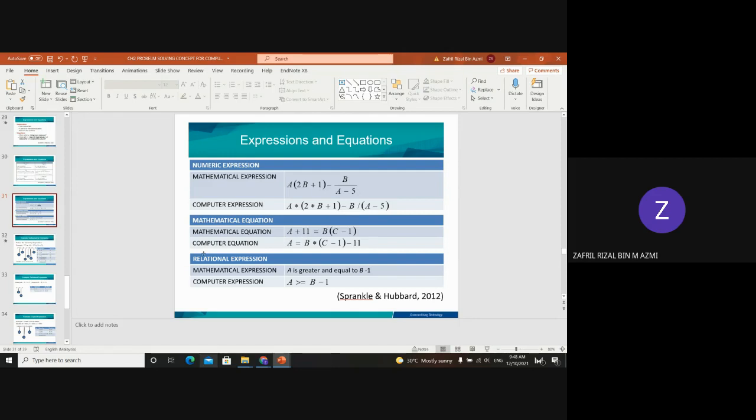Same goes to the equation. For example, you need to solve this. You cannot simply put this inside your computer program, because as I mentioned, in a computer program there should be only one variable in front of the equal sign. So you cannot put A plus 7, A plus 11 in front of the equation.